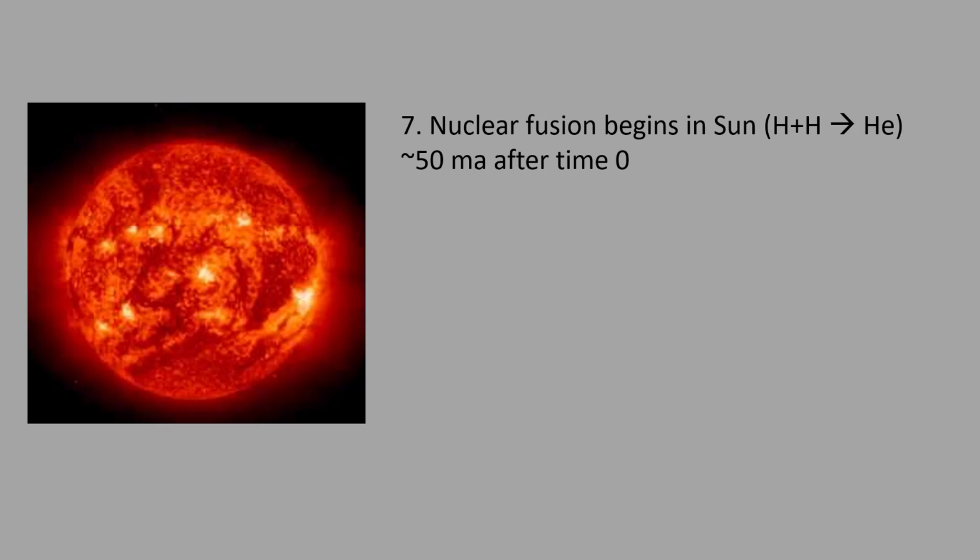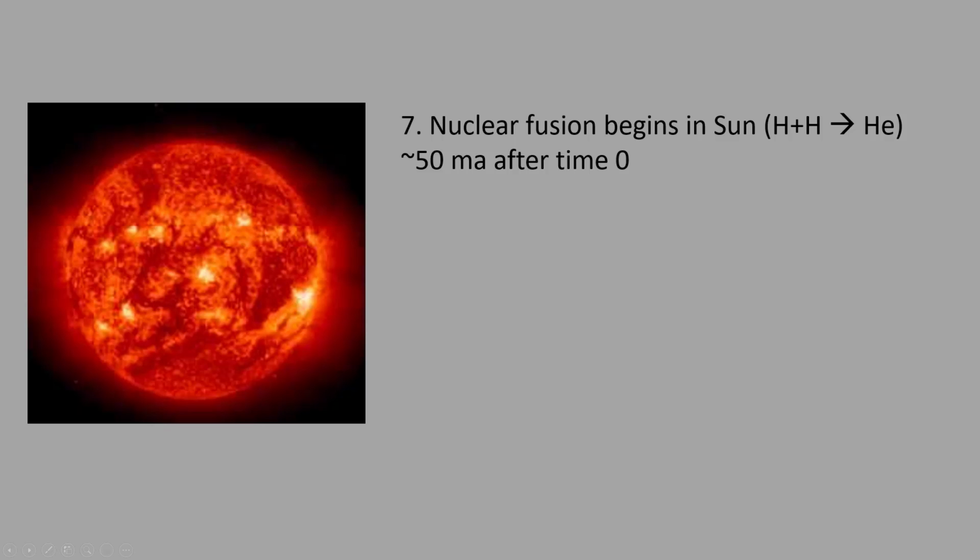Closer to home is the growth of our sun. So as our sun continues to have material collapse towards the center because of the mass of the sun, you begin to have a process called nuclear fusion that occurs in the sun. Nuclear fusion is when hydrogen and hydrogen atoms hit each other at such a high velocity that they actually merge.